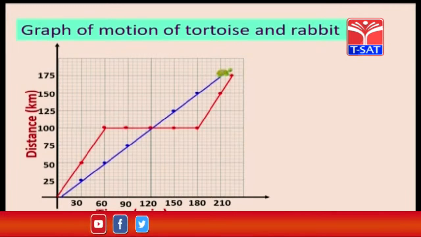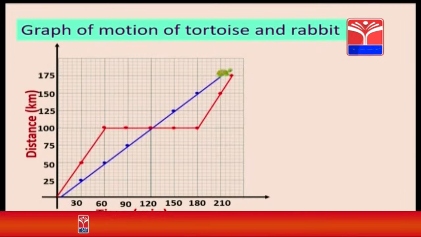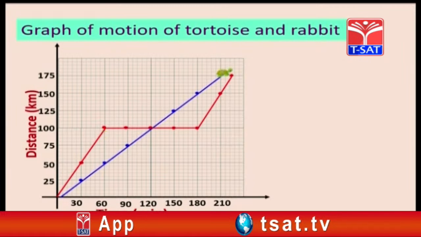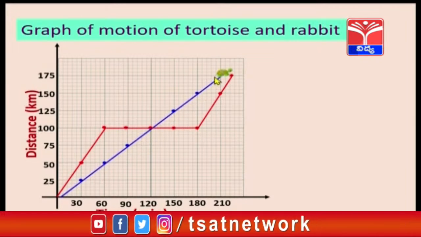The tortoise graph is a straight line, which means it has a uniform motion. But the rabbit has uniform motion up to 60 minutes only. After 60 minutes he took rest. It is at rest. That's why the tortoise overtakes the rabbit here, and finally the tortoise wins the race.